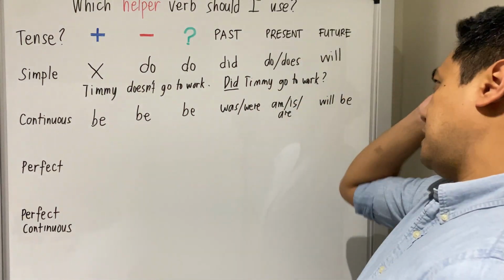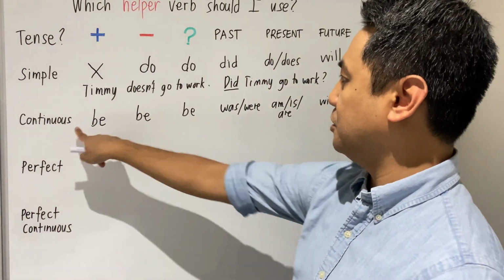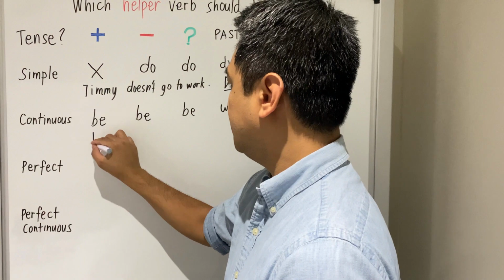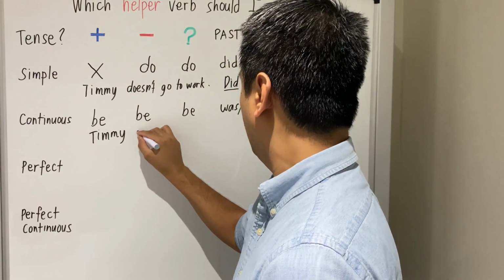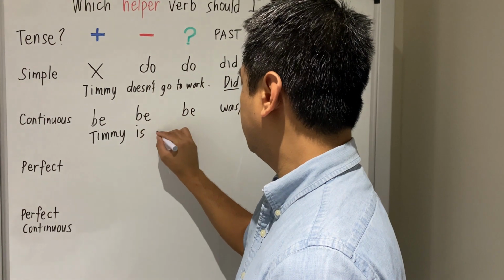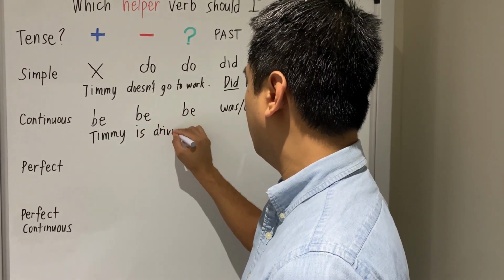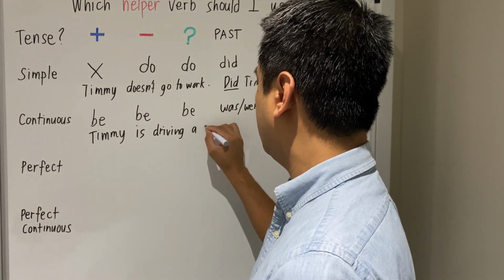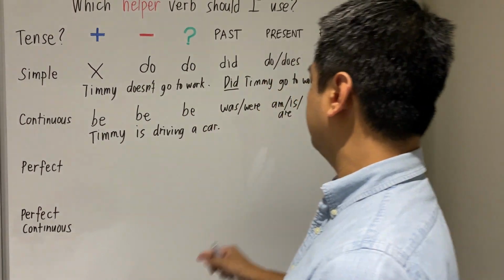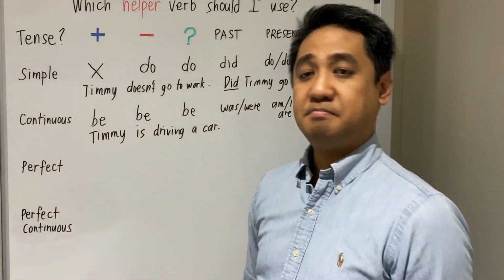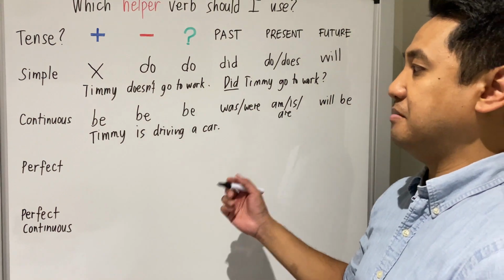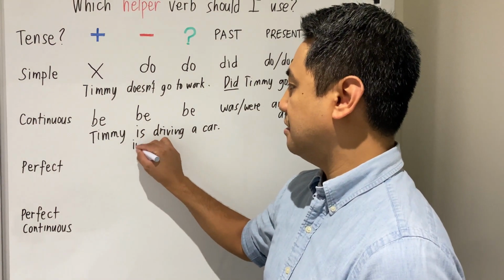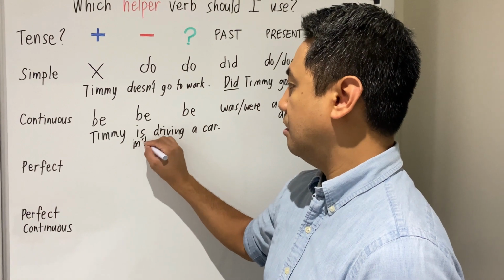Let's try present continuous. Timmy is driving a car. Present continuous. Now let's try negative. Timmy isn't driving a car.